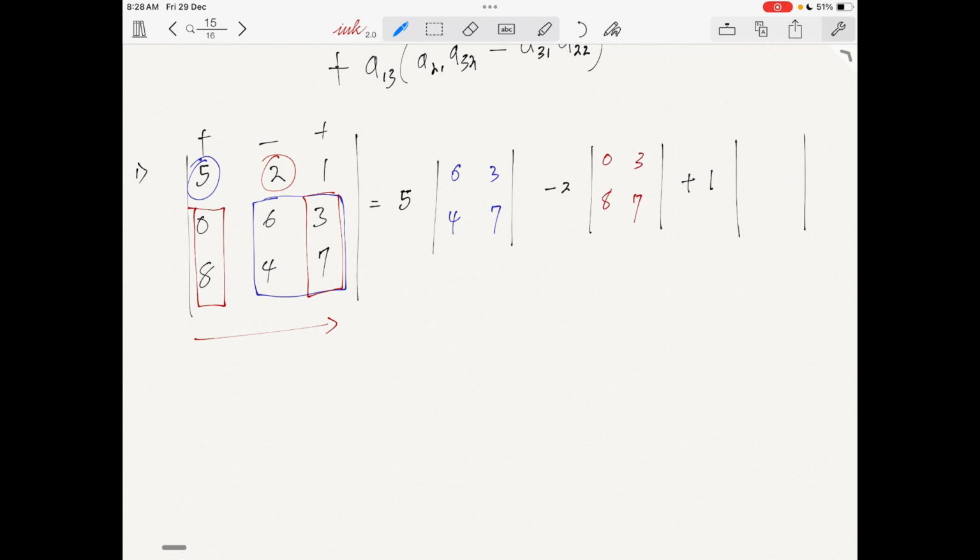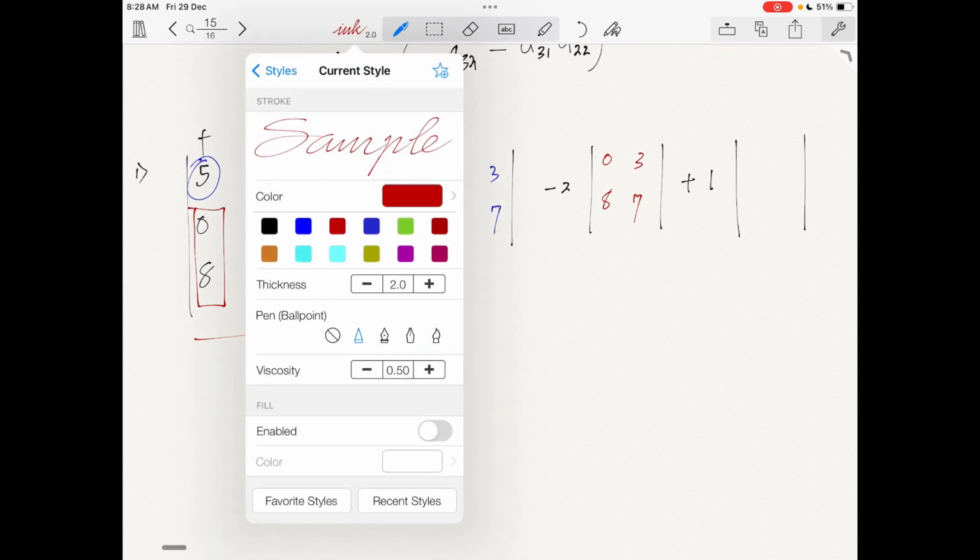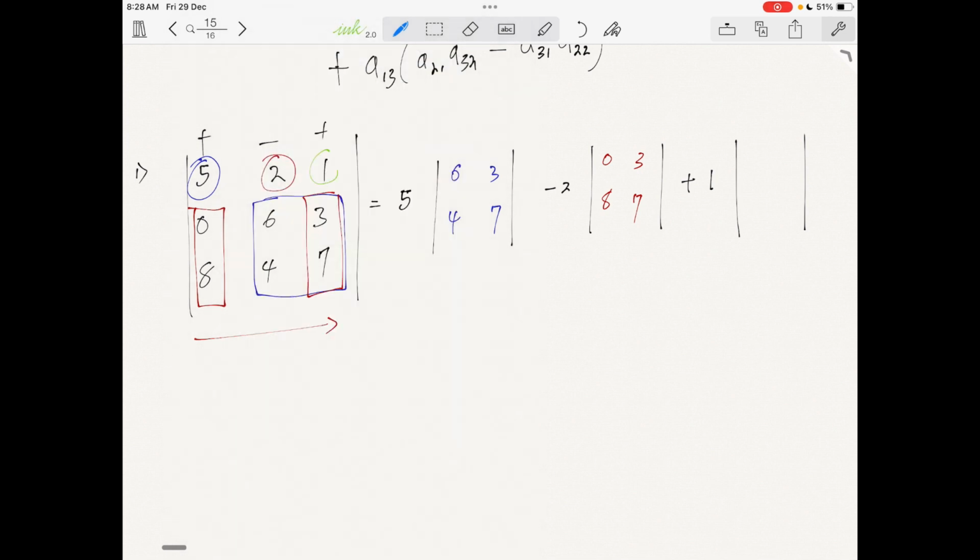And finally, if we consider 1, 1 on the horizontal, 1 on the vertical, what are the values left? We are left with 0, 6, and 8, 4. And then we can simplify further.